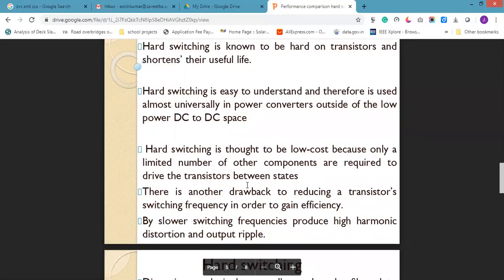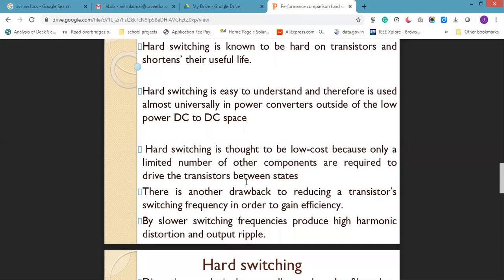Hard switching is thought to be lower cost because only a limited number of components are required to drive the transistor between states, from on state to off state and off state to on state.